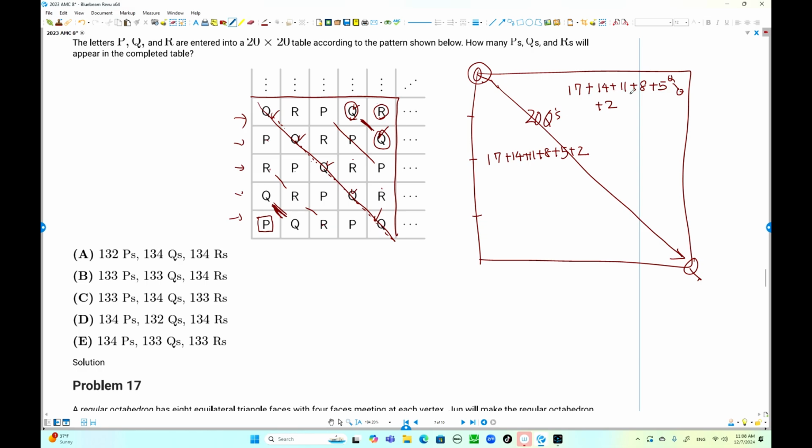Okay, so how many Q's there? So you can check it out. That is 19, 19, 19, right? Times 3 equals 57. This is also 57. Total is what? 57 plus 57 is 114, and another 20 there, right? It's going to be 134, isn't it? So Q is 134 here.